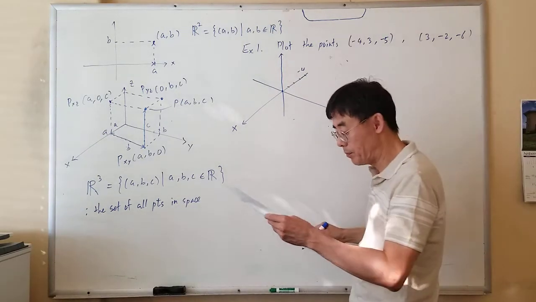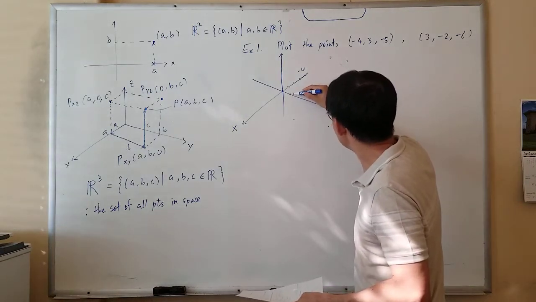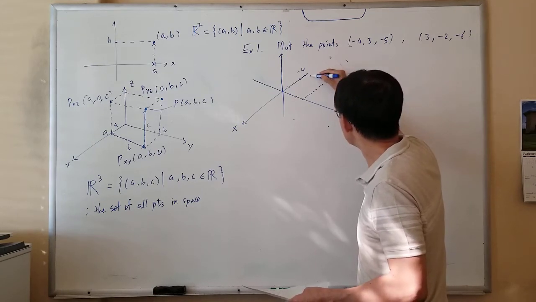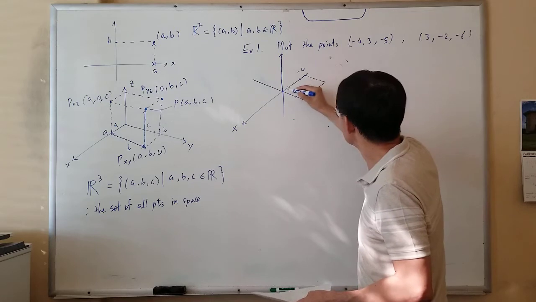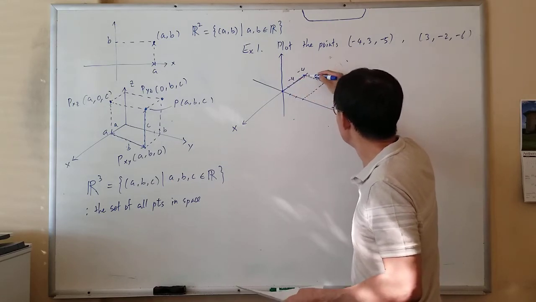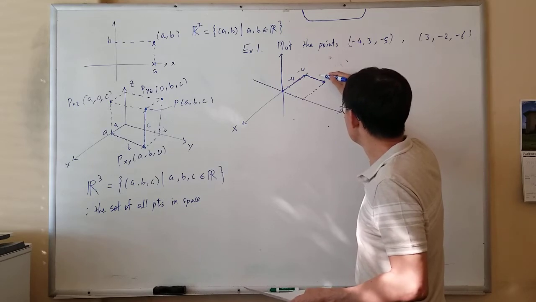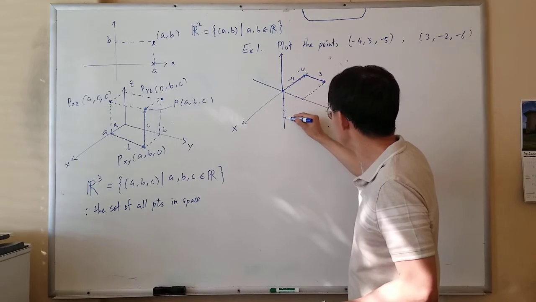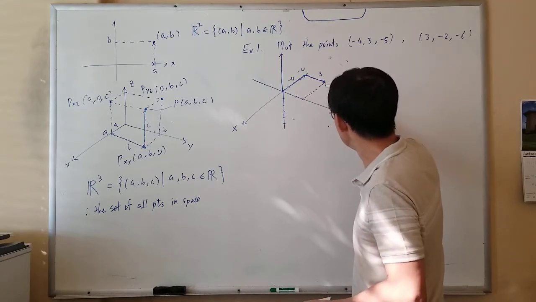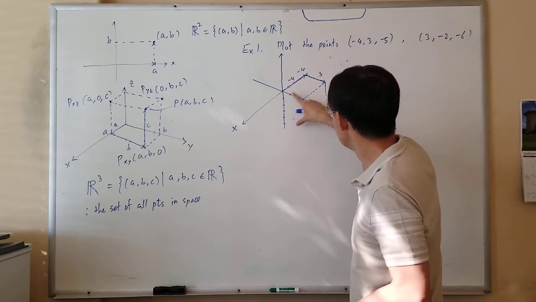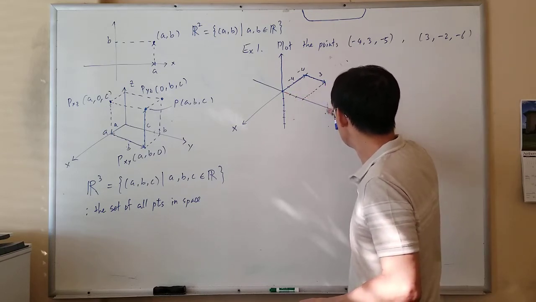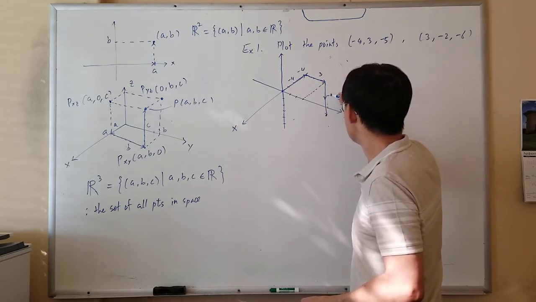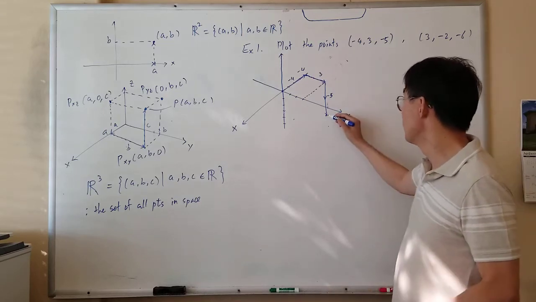And then 3 in the y direction. So you can draw this. Minus 4, 3, minus 5: 1, 2, 3, 4, 5, going 5 that much, same distance. That will be the point.